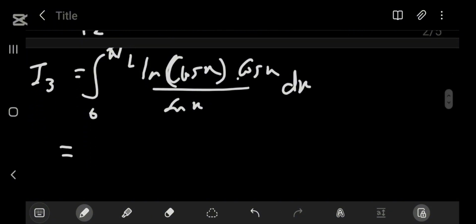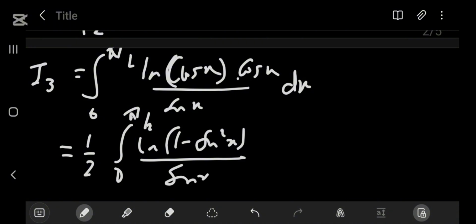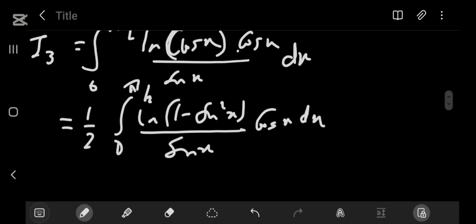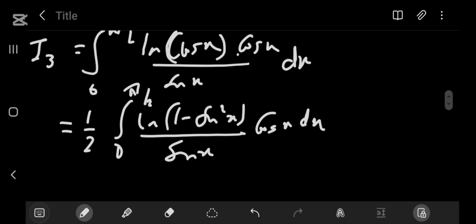I can write this as 1 over 2 integral from 0 to pi by 2 of ln of 1 minus sin square x over sin x cosine x dx. Well, 1 minus sin square is actually cosine square x. So in the logarithm part, using the power rule, we can get the 2 outside the function, and this 2 and that 2 will cancel each other out. So you can see that these both are the same.